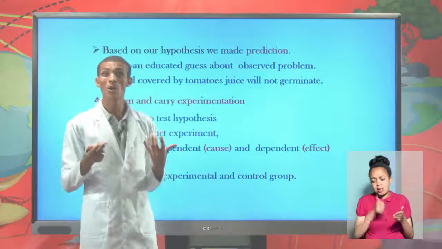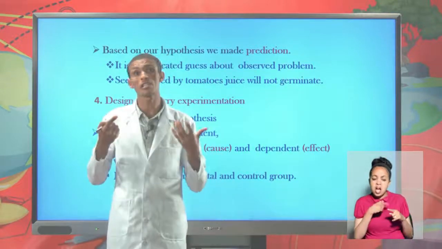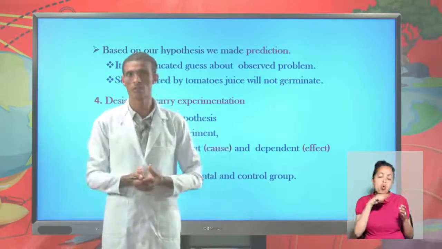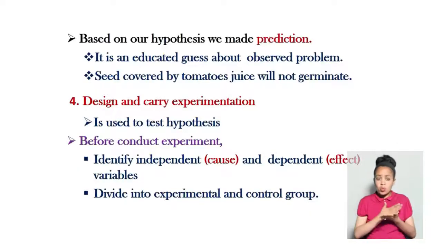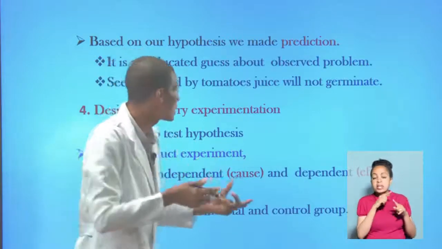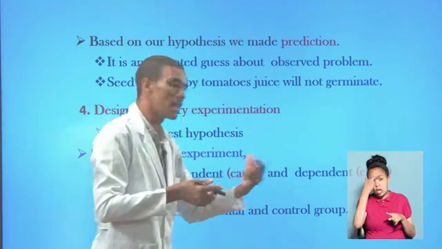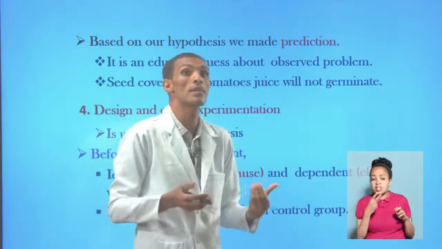The main aim of our experimentation is to test whether our hypothesis is true or not, to accept our hypothesis or reject it. When we design our experimentation, first we must identify our independent variable, which is the cause of the problem. Again, we must identify the effect, or dependent variable.